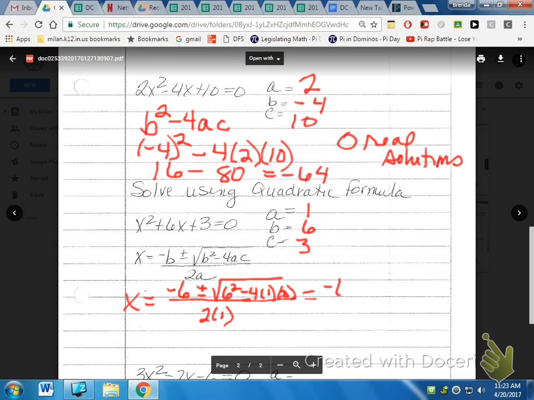So negative 6 plus or minus the square root of 36 minus 12 all over 2.